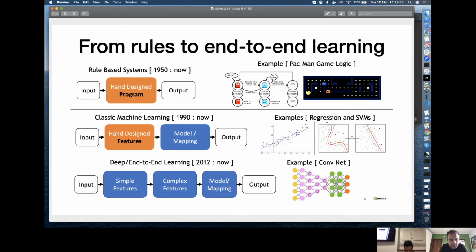So where deep learning comes from, this is a very crude view of the fact that software has increasingly been built from different approaches. One is rule-based: basically all the software we know right now, except a tiny fraction of it, is based on rules.